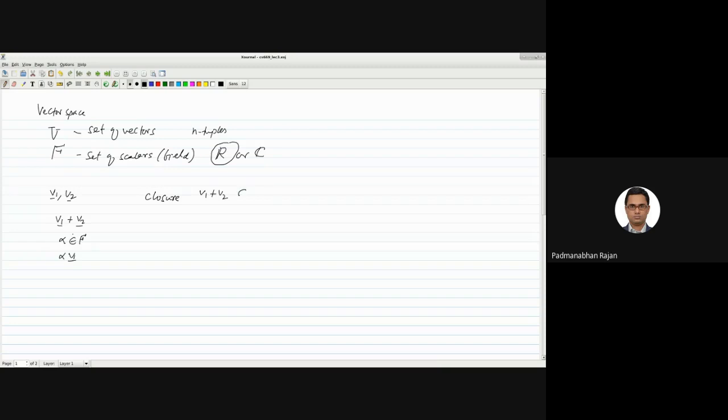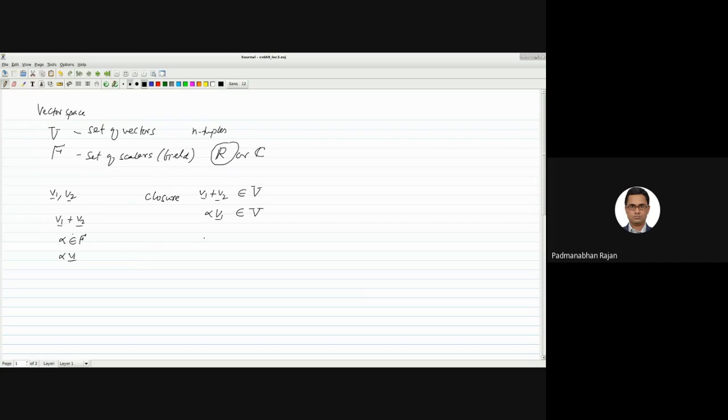V1 plus V2 will give you another element in V. And similarly, alpha V1 will also give you another element in V. Basically, the addition operation and the scalar multiplication operation are both closed in the set V. For example, if your set of vectors are functions, when you add two functions, you are going to get another function. You will not get, for example, a matrix when you add two functions. So this is closure.